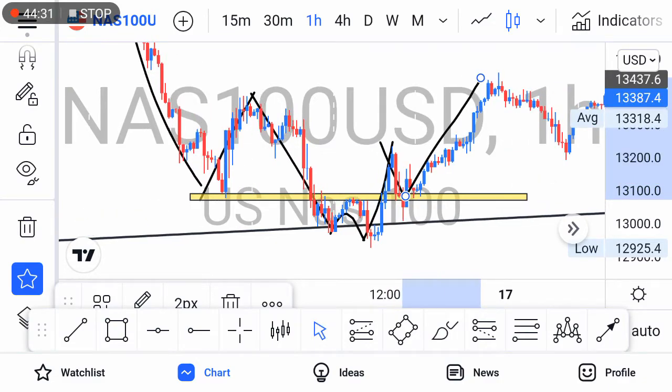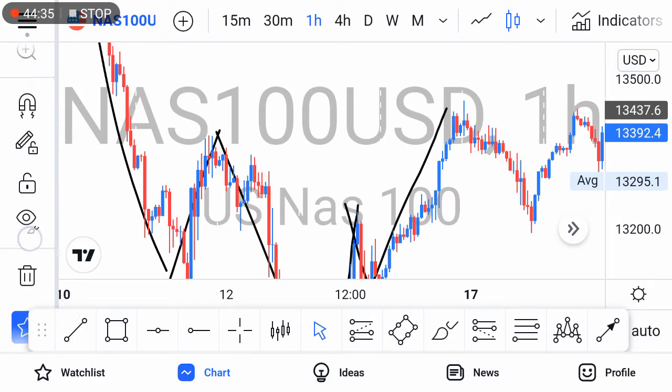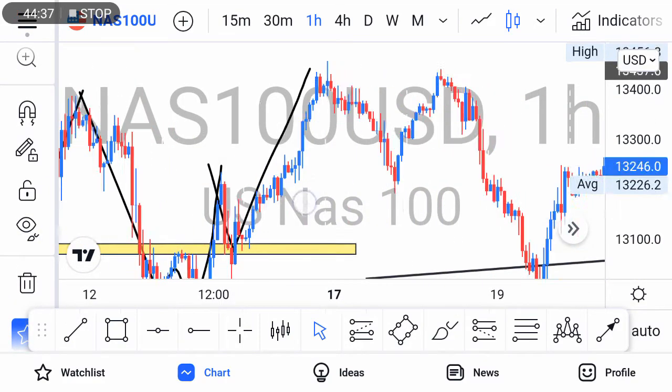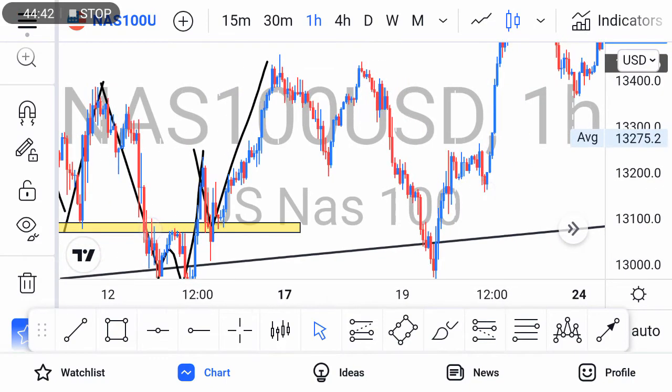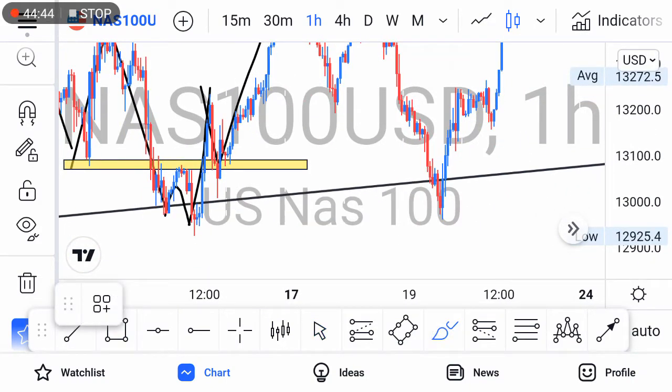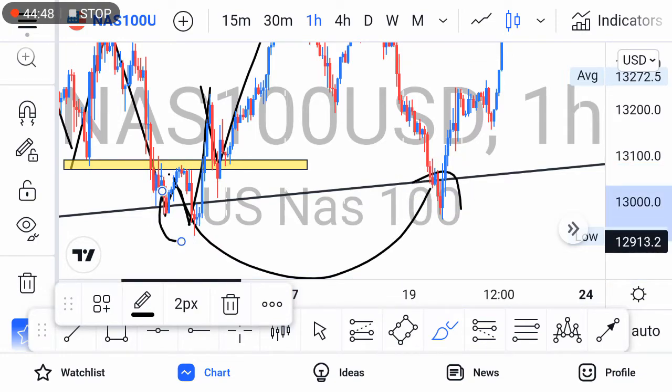See, the same pattern is still happening again. But you can see this double bottom is also a bigger double bottom, guys.